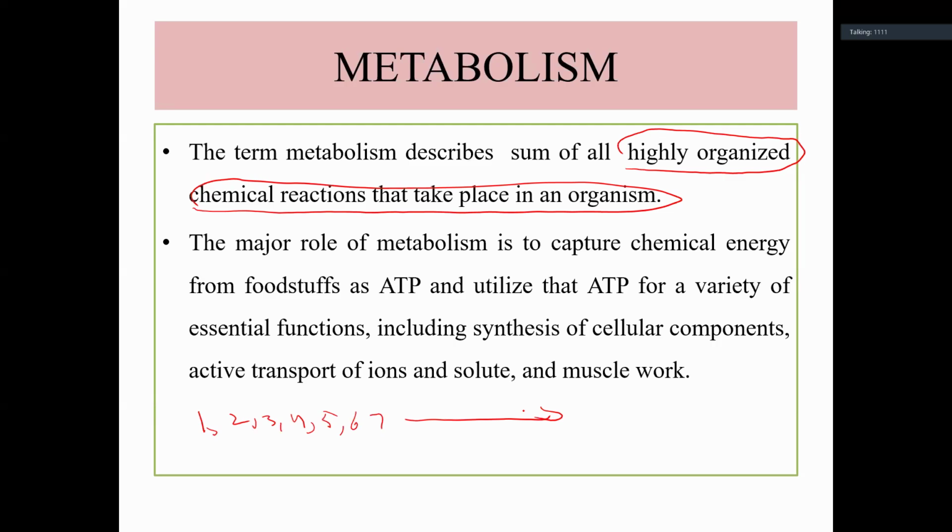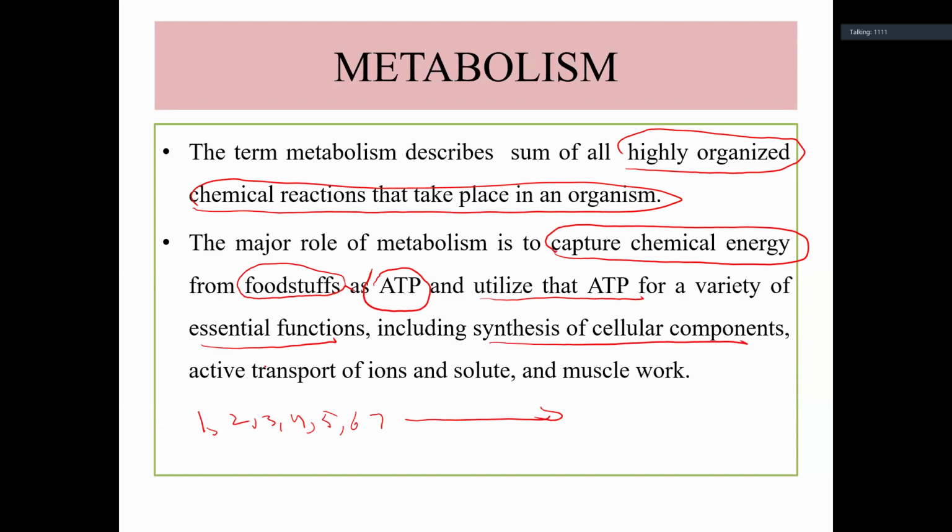And the major role of the metabolism is to capture chemical energy from foodstuff, convert it into ATP, and then this ATP is utilized for functions. Synthetic function, transport function, muscle work, whatever function. Lungs function, brain function, heart function, kidney function, muscle function, all functions. Clear?